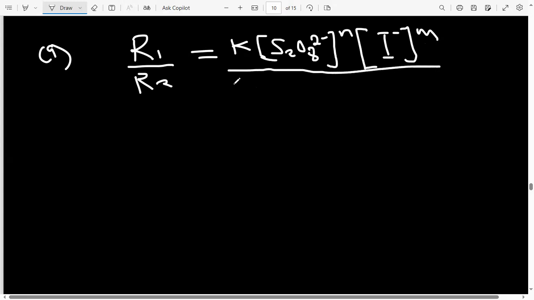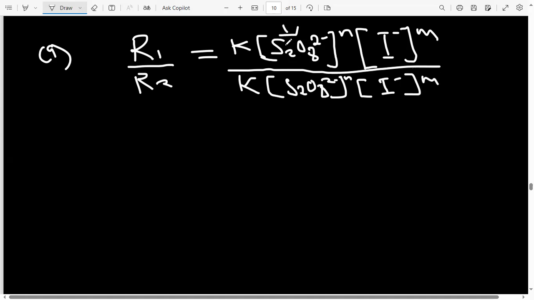Then down here I write the rate law for rate 2: k, and we have the same thing, the power n, and then the power m.